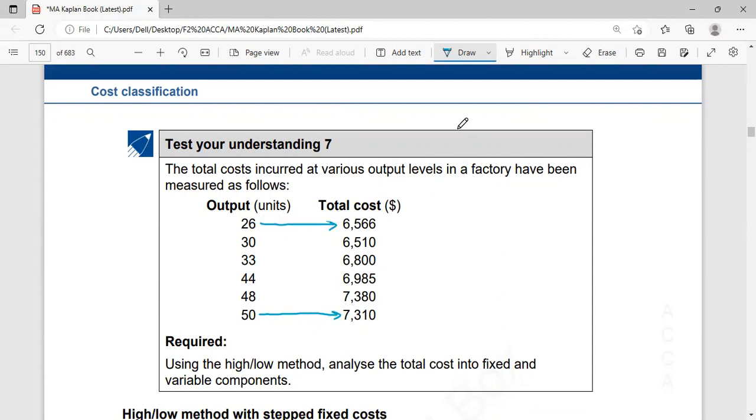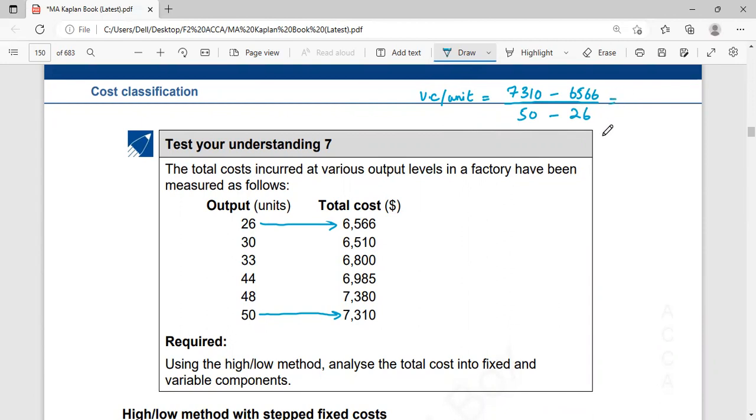And now what's step two? It's where you find out the variable cost per unit. What was the formula for that? Cost of highest minus cost of lowest, divided by highest and lowest output. 50 minus 26.